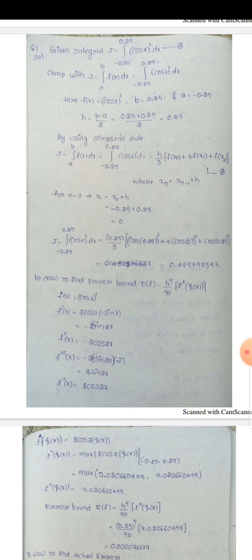This is equal to minus sin 2x. f double dash x equals the derivative of minus sin 2x, which is minus 2 cos 2x. The third derivative of f of x equals minus 2 into the derivative of cos 2x, which is minus sin 2x into the derivative of 2x, which is 2.